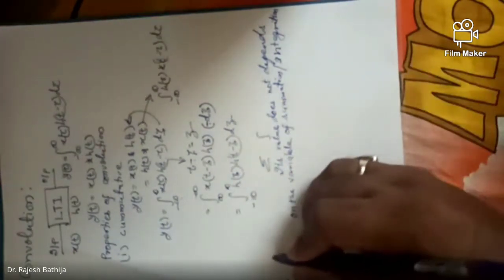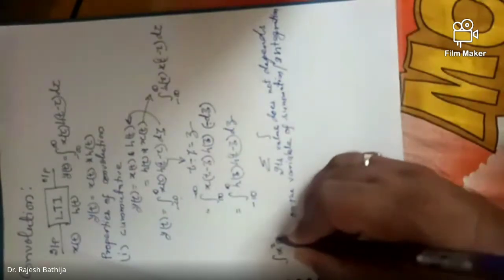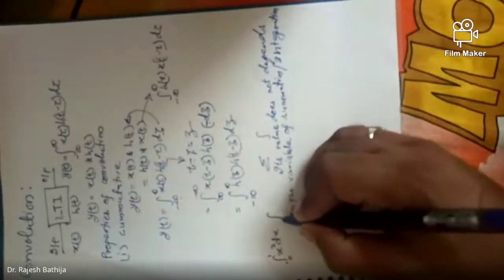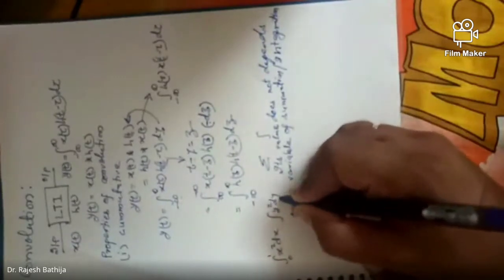For example, if I integrate x square dx from 0 to 1, and if I integrate y square dy from 0 to 1, can I say these two values are equal to each other? Yes, sir.